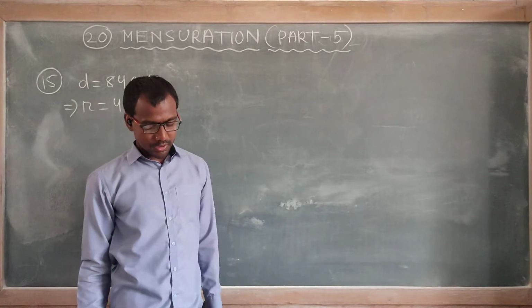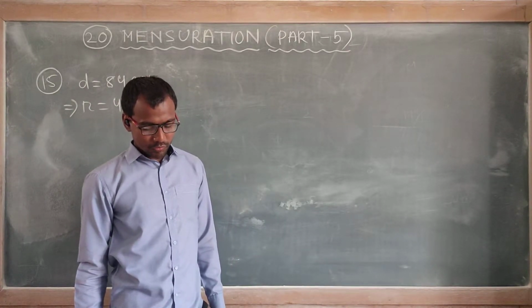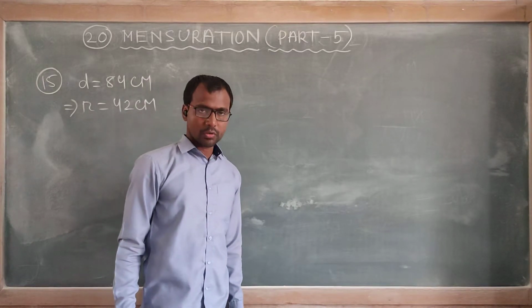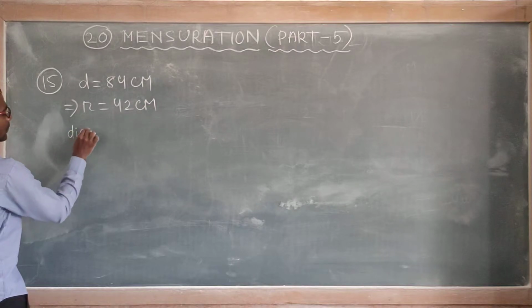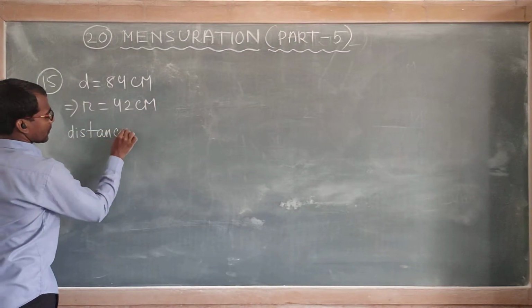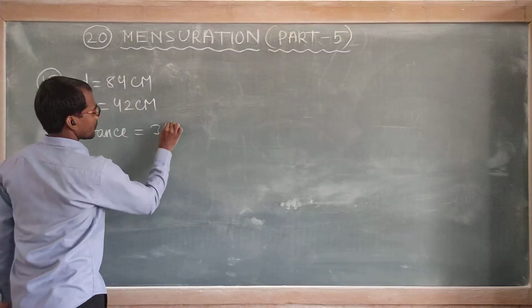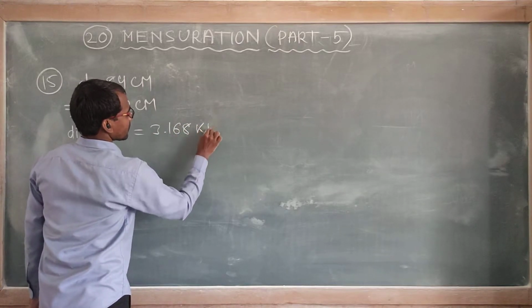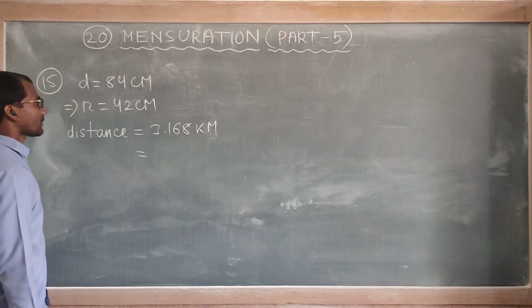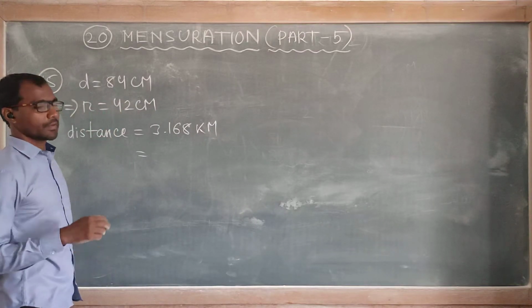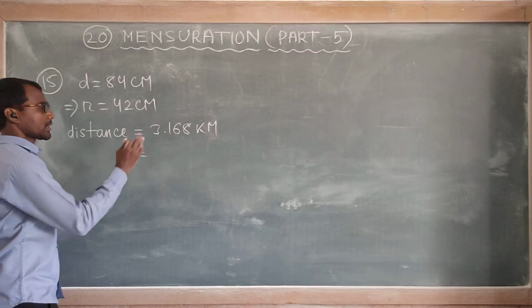Find how many complete revolutions must it make to cover a distance of 3.168 km. So distance is equal to 3.168 kilometers.